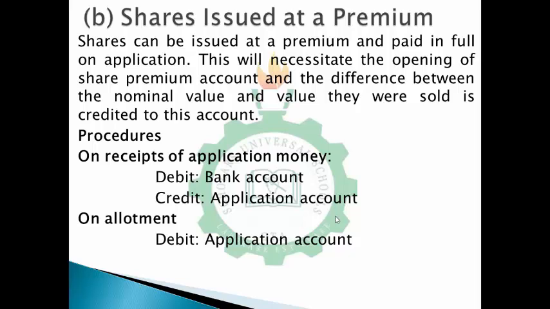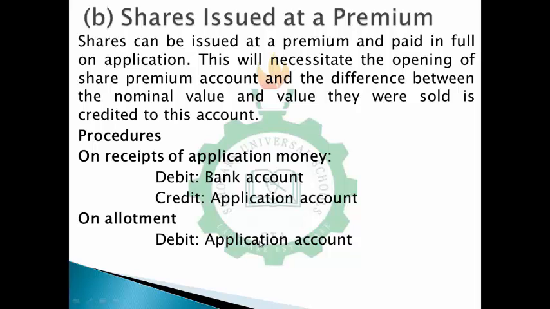The face value of my share is 2 naira, and the applicant has paid 5 naira. So you will debit bank of 5 naira, right? And you credit the applicant of 5 naira. Now, in this case, on allotment, you would still debit applicant of 5 naira. But that 5 naira can be split into two places.